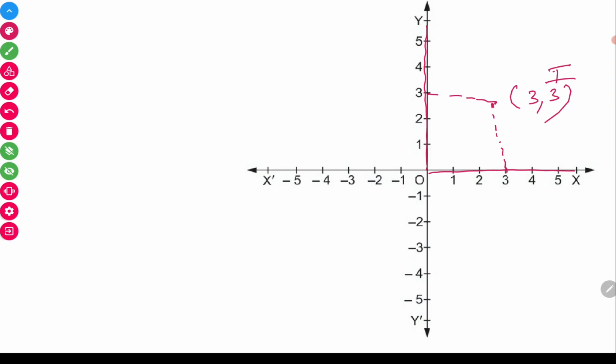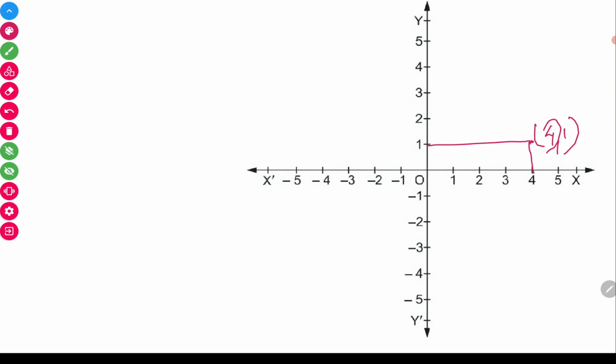X is positive, y is positive. Take another point: x is 2, y is 4. Again, x and y are positive. Let's take any other point: x is 4, y is 1. So you can see always x is positive and y is positive. So in the first quadrant, x and y will both be positive.